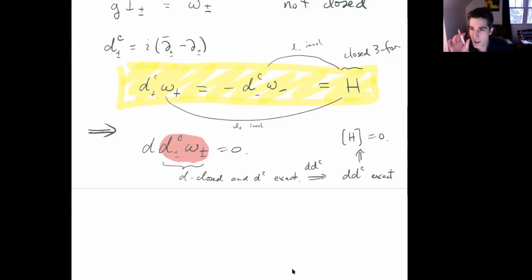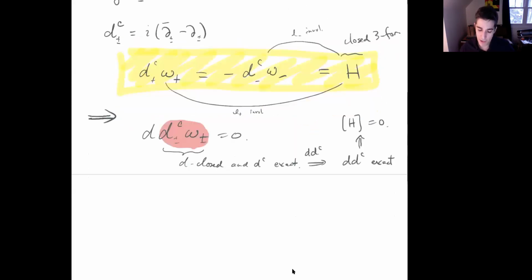Okay, so directly, as soon as you write down the integrability condition, you see that the complex manifolds I plus and I minus cannot be algebraic, because algebraic ones always satisfy the DDC lemma.